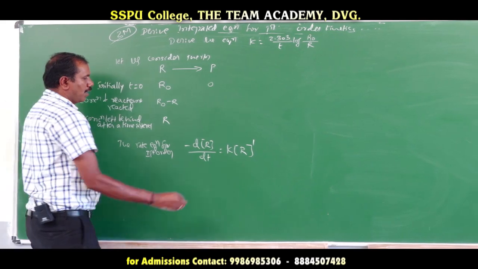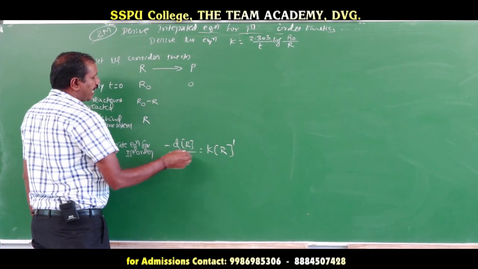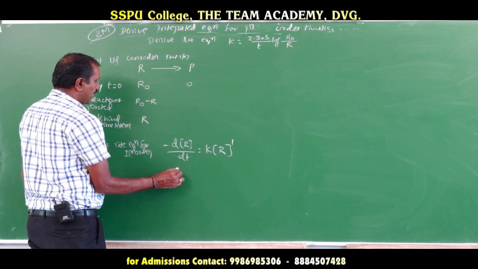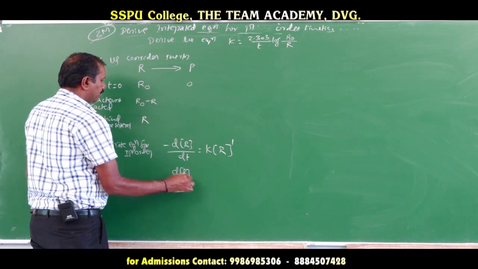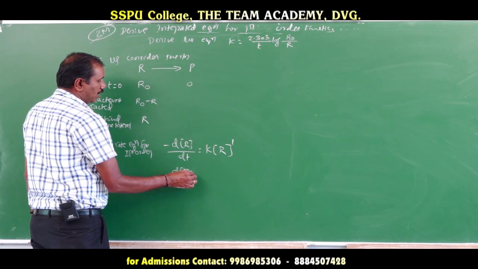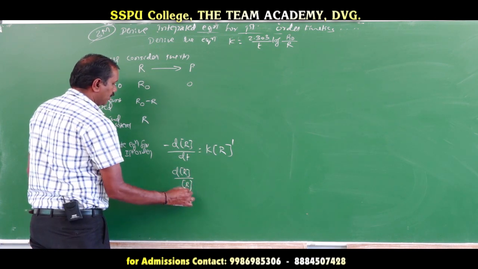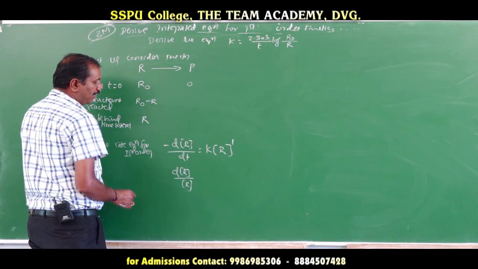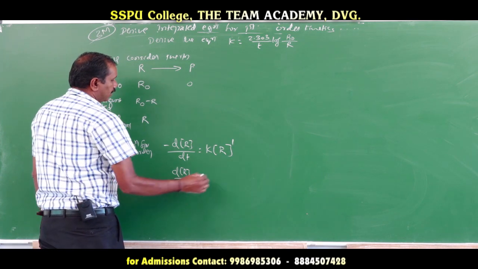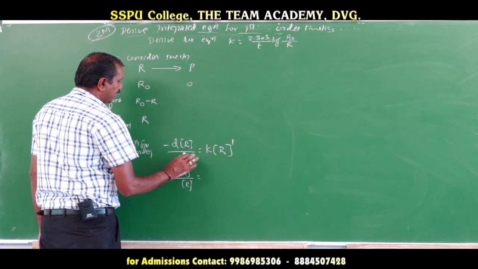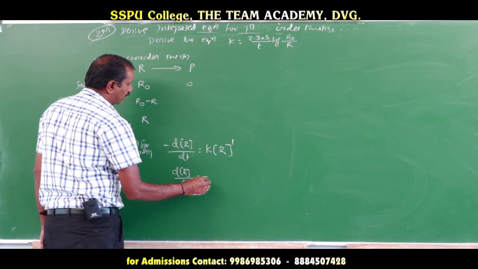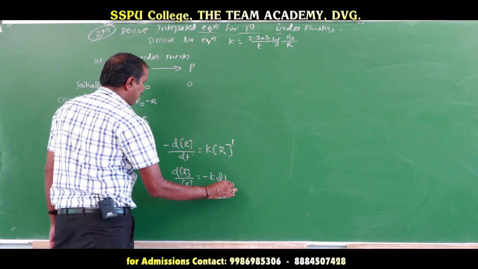So if we rearrange this equation, dR by R, if you take this R to the left side, equals k into dt. I have to take the negative sign to the right side, so minus k into dt.